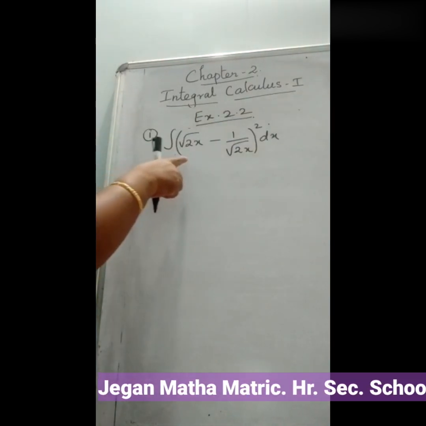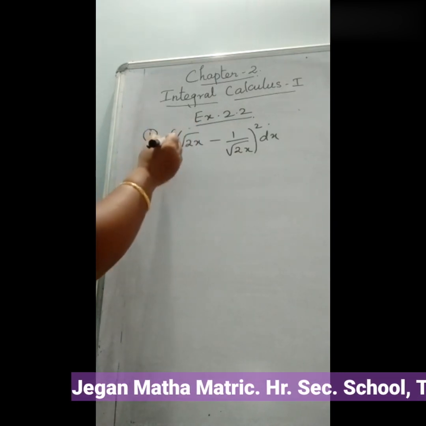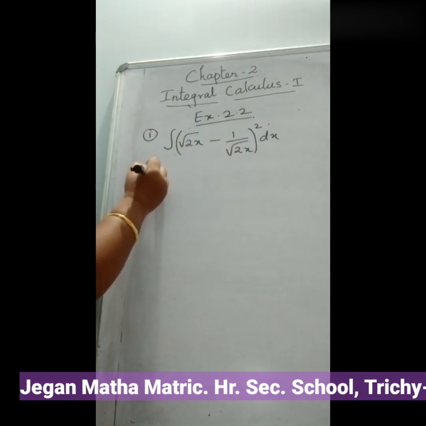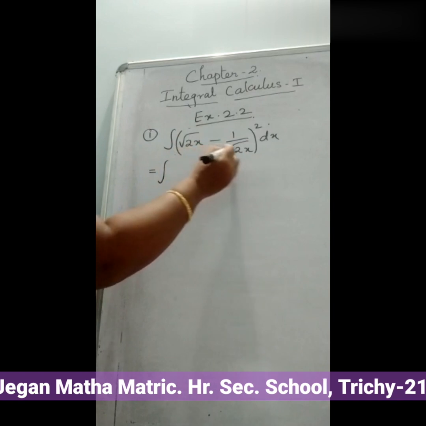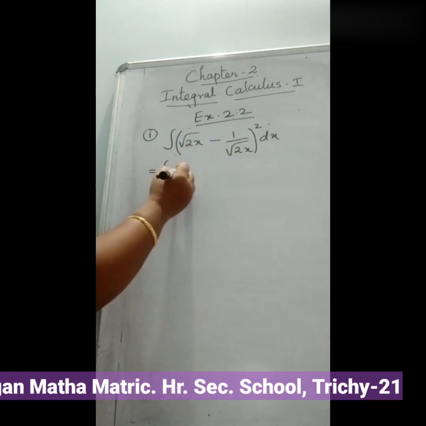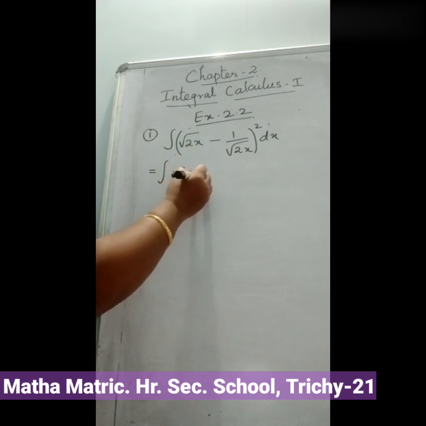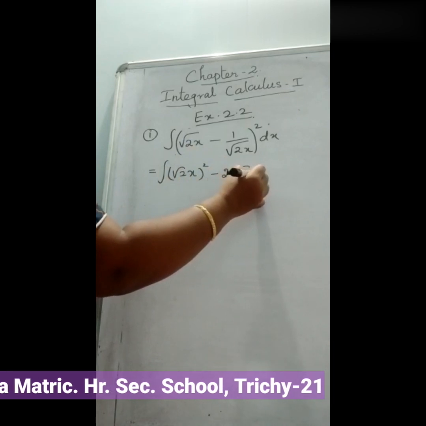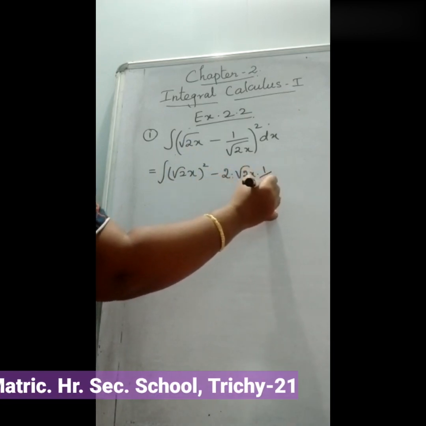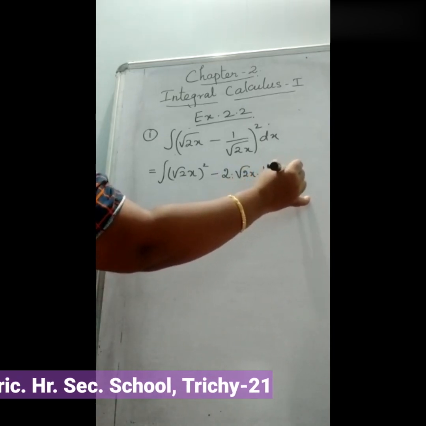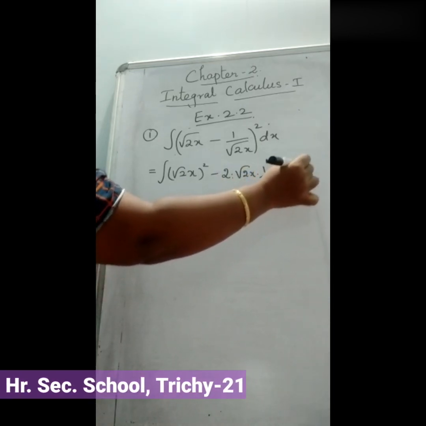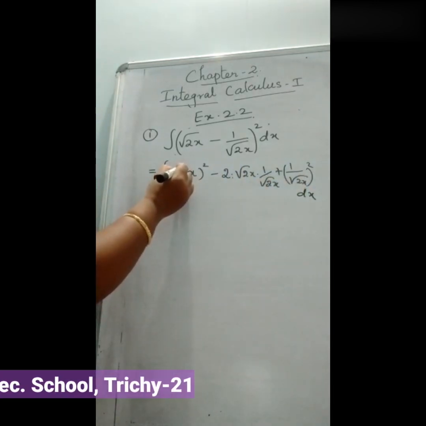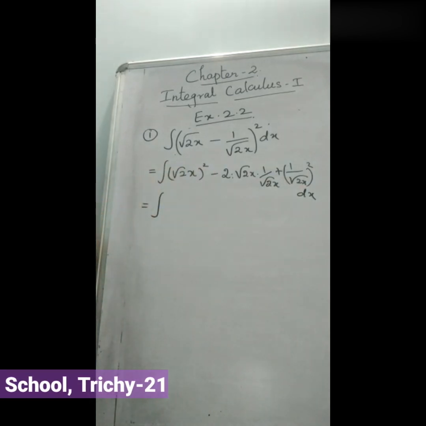Let us see one example sum from exercise 2.2. The integral of (root 2x minus 1 by root 2x) the whole squared dx. Let us expand this using the (a - b)² formula: a², so (root 2x)², minus 2ab, plus b², so (1 by root 2x)², dx.